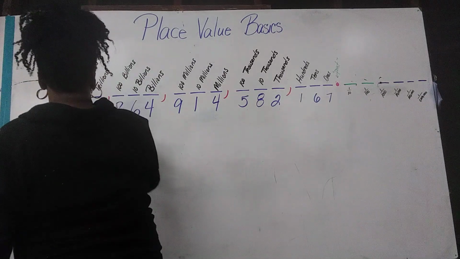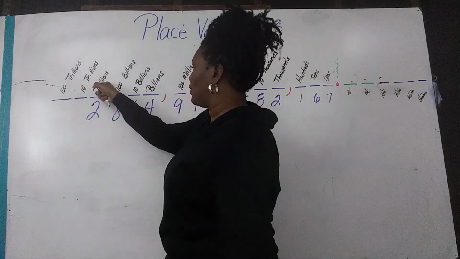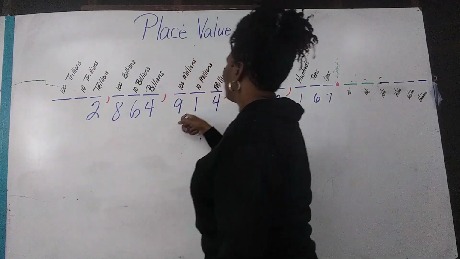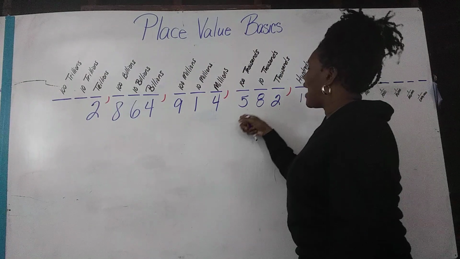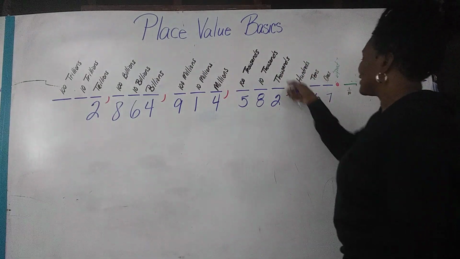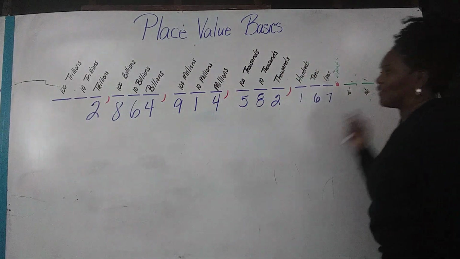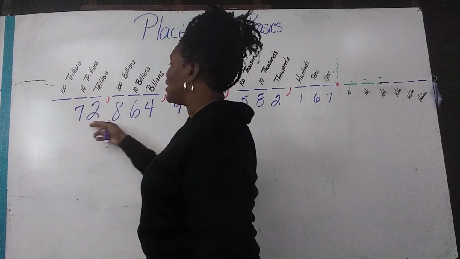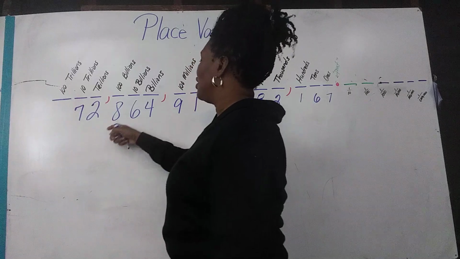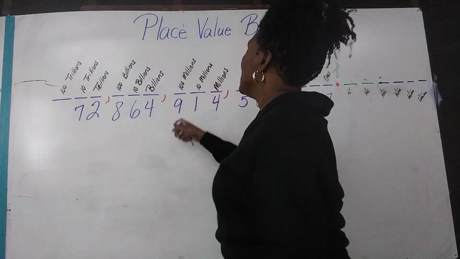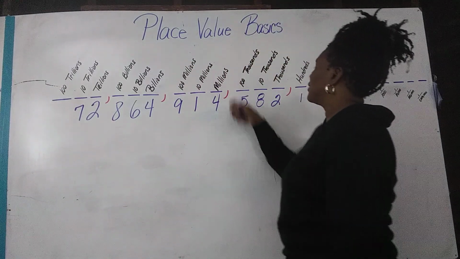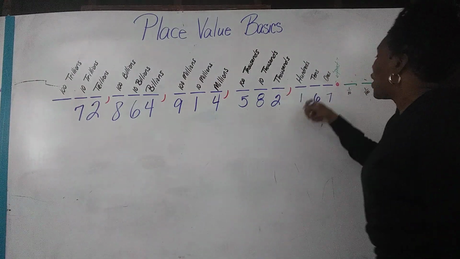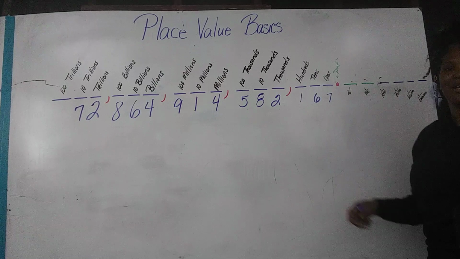Let's put another number. Let's add a 2. Now we have 2,864,914,582,167. Let's put another number. Now we have 72,864,914,582,167.